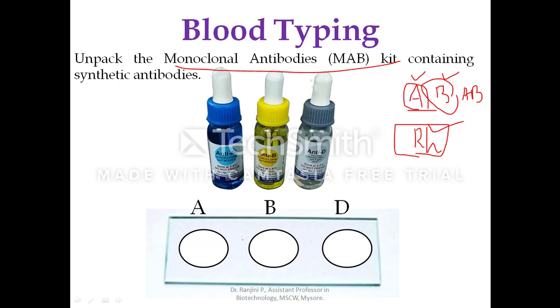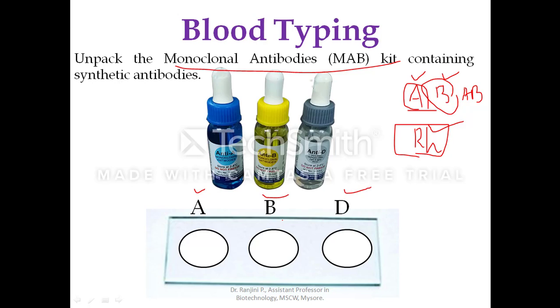So you take a clean glass slide, draw three circles and label them A, B and D. A identifies the A antigen, B identifies the B antigen and D identifies the Rh antigen. When you put the blood droplets here, they will react with the respective antisera and you will come to know which is the blood group in the given blood sample.